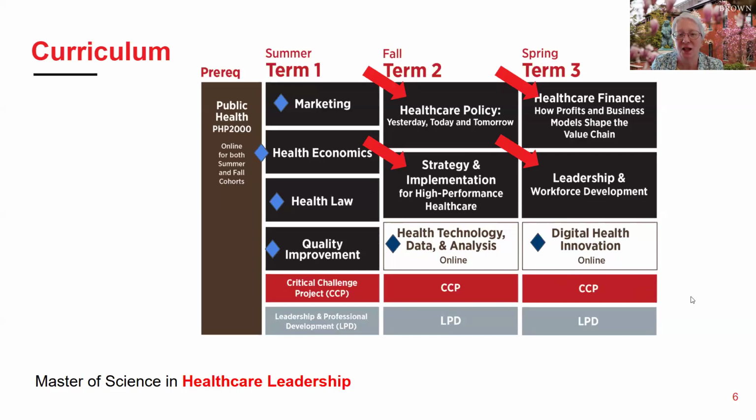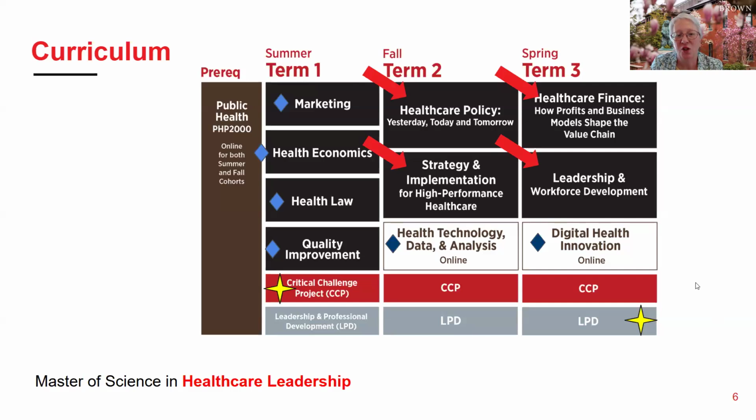There are two courses that happen throughout the program and really bring all of the curriculum together. You have the Critical Challenge Project, which asks students to develop a project proposal and implementation plan for their challenge, and you work on that throughout your year of the program.